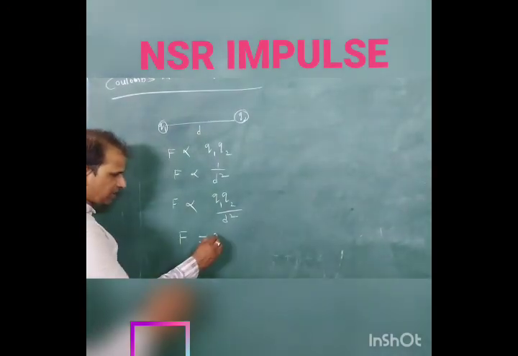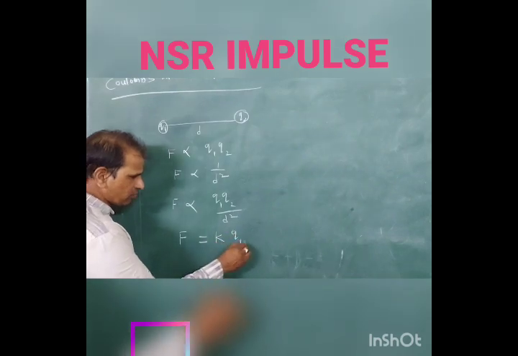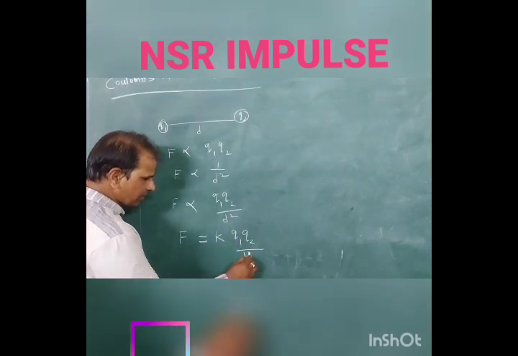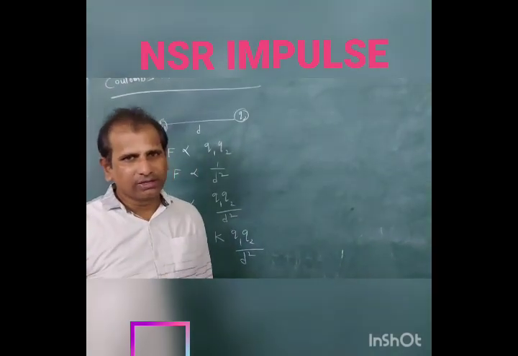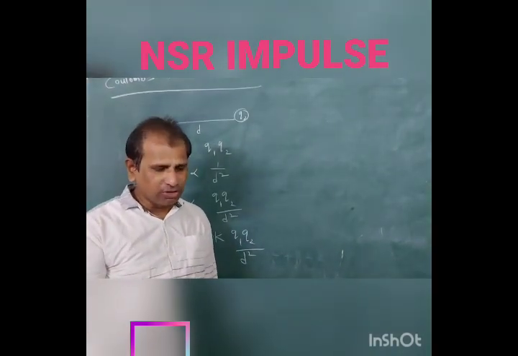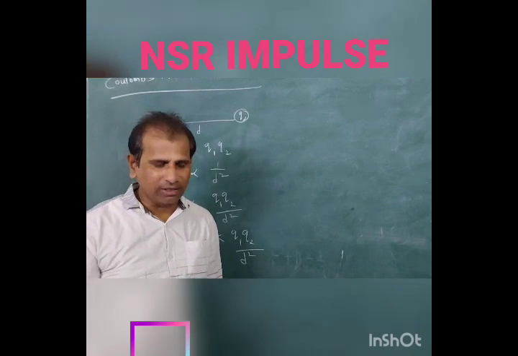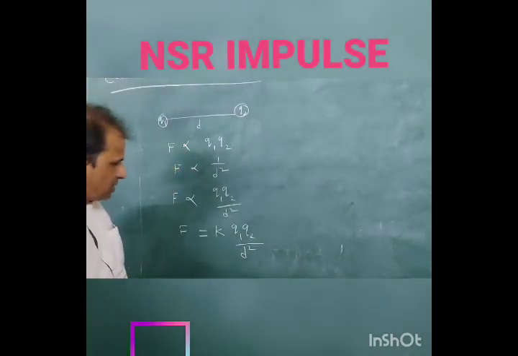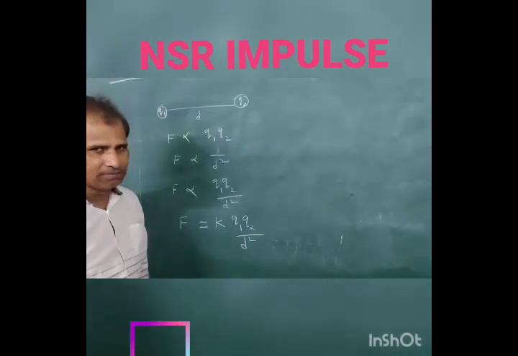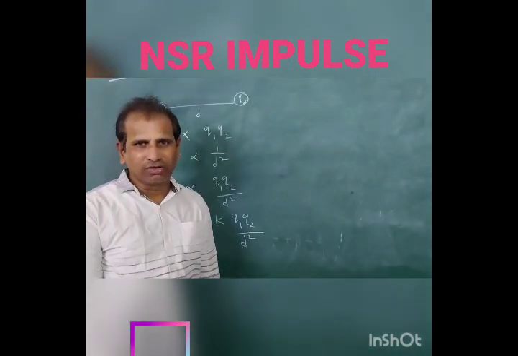That constant let us write as k, so F equals k Q1 Q2 by d square. This constant of proportionality k depends on the system of units selected, SI system, CGS system, etc. It also depends on the surrounding medium, whatever medium we have selected.